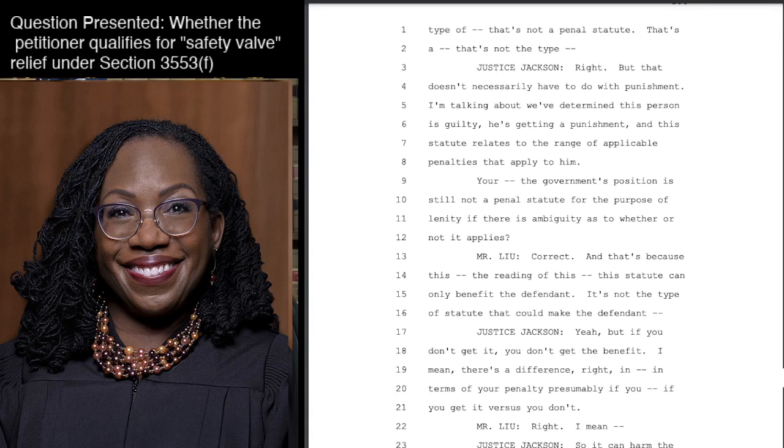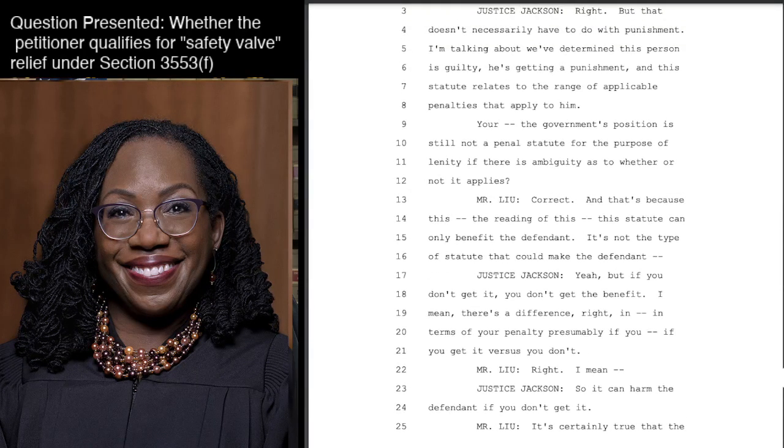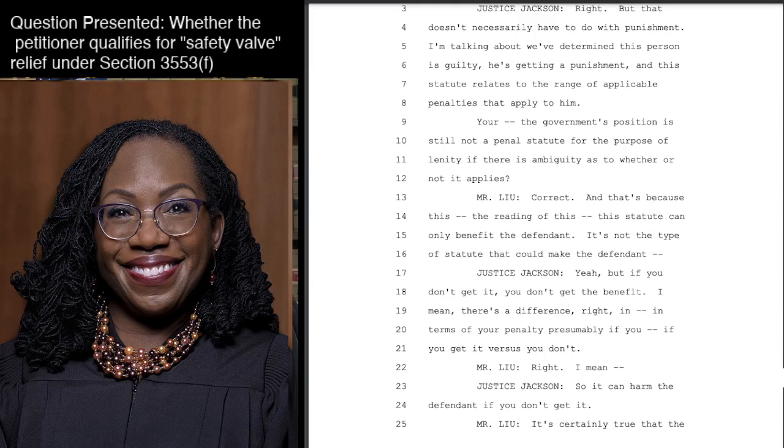Right, but that doesn't necessarily have to do with punishment. I'm talking about we've determined this person is guilty, he's getting a punishment, and this statute relates to the range of applicable penalties that apply to him. The government's position is still not a penal statute for the purpose of lenity if there is ambiguity as to whether or not it applies. Correct. And that's because the reading of this statute can only benefit the defendant. It's not the type of statute that could make the but if you don't get it, you don't get the benefit.